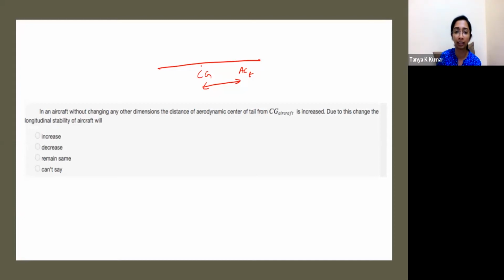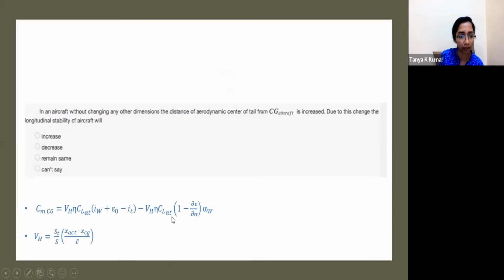So as the distance increases, the longitudinal stability will increase for the given aircraft. In this equation, if this term XACT minus XCG increases, we know this negative component increases. The more negative the slope, the more stable the aircraft.